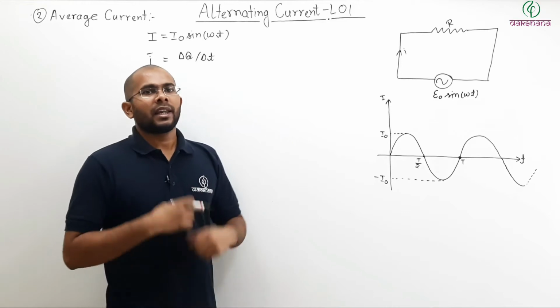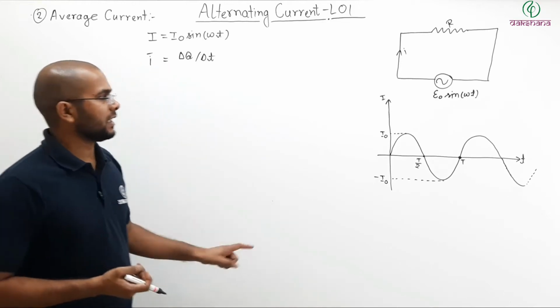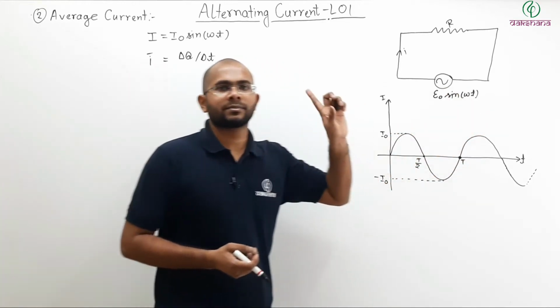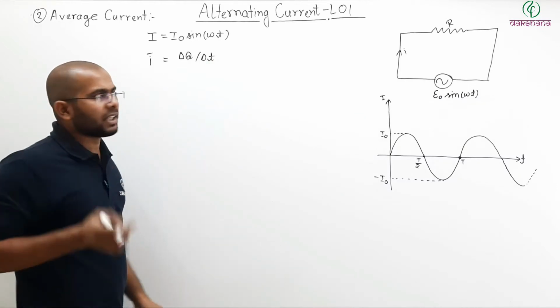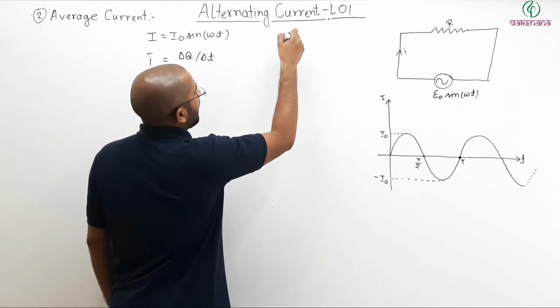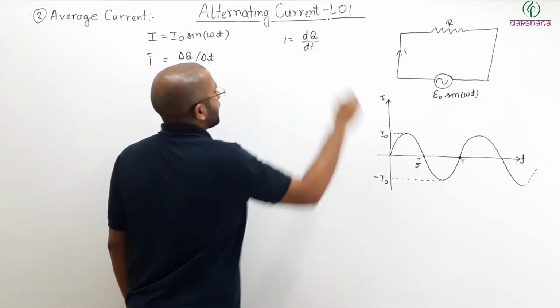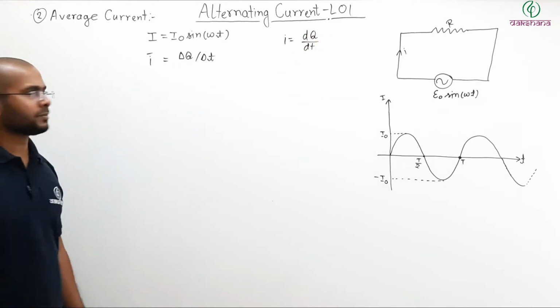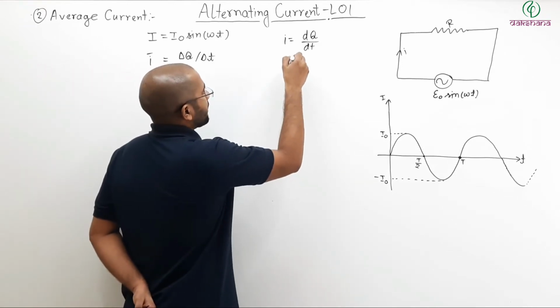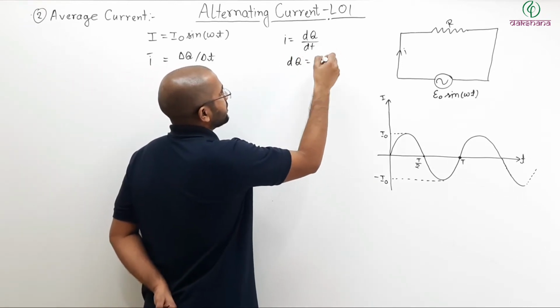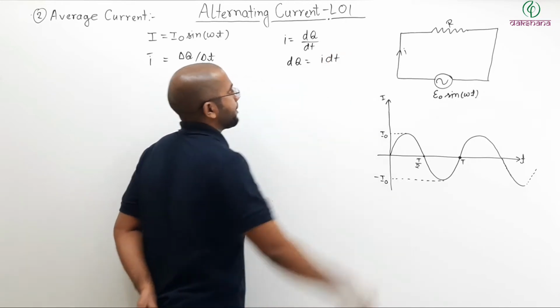Now remember, in case of variable current, how is instantaneous current written? I is written as dq by dt. Correct? Now, I can also write dq is nothing but I dt.